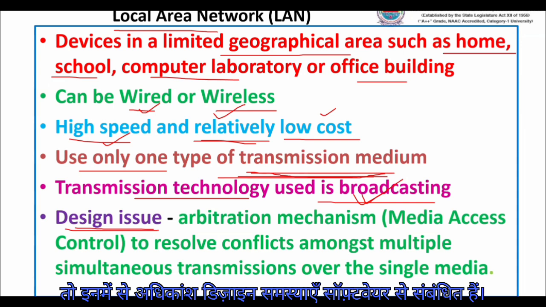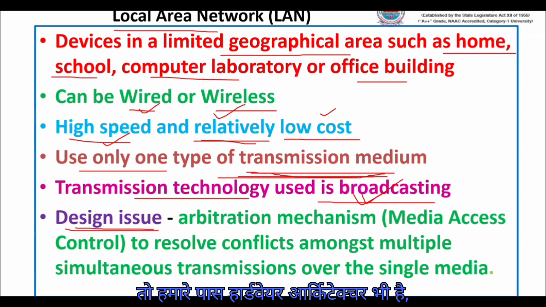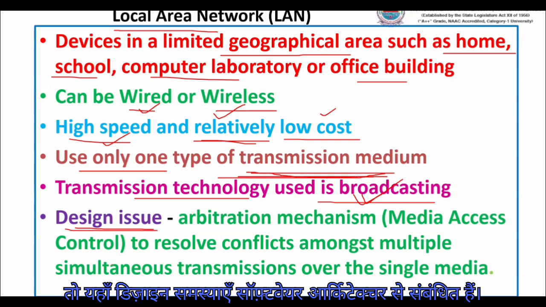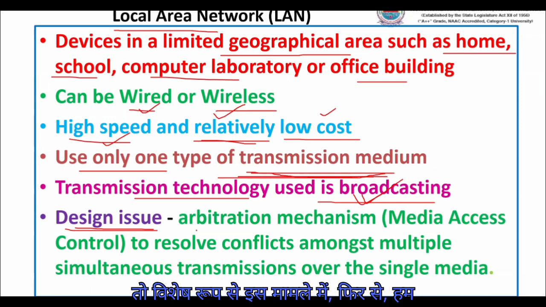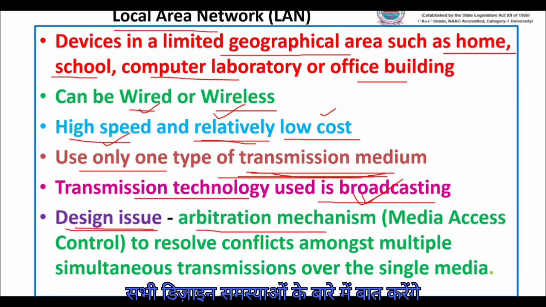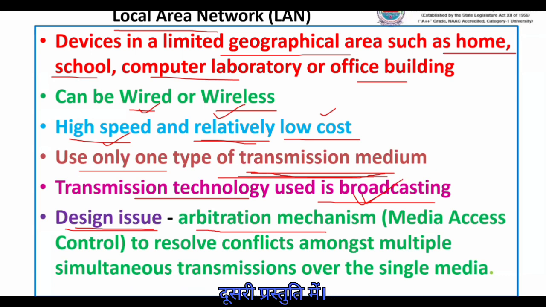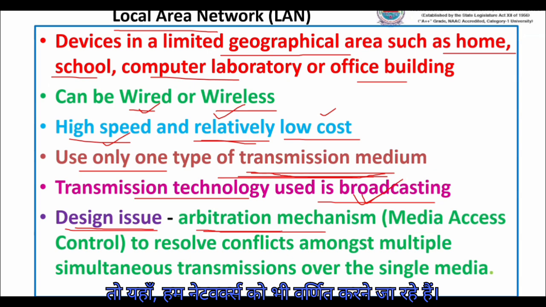Most of these design issues are related to software. We have the hardware architecture also, that is the infrastructure. The second thing is the software architecture, so design issues here relate to the software architecture. We will be talking about all the design issues in the second presentation.